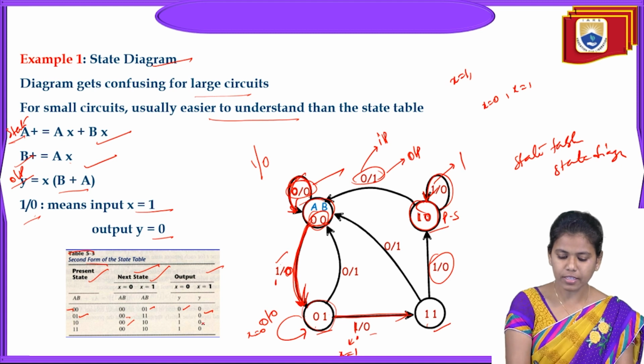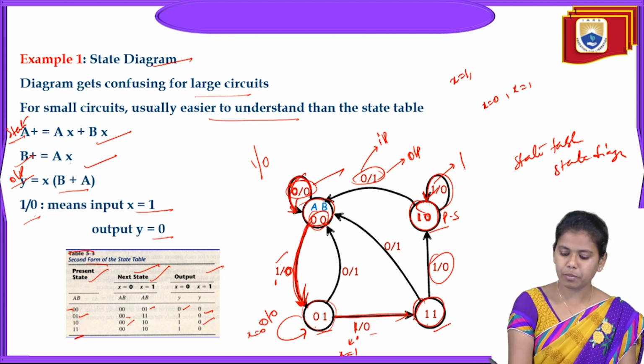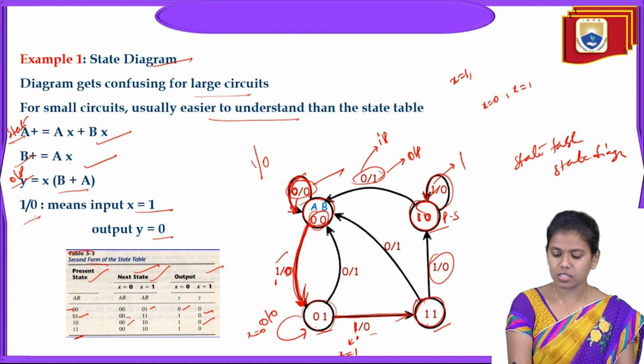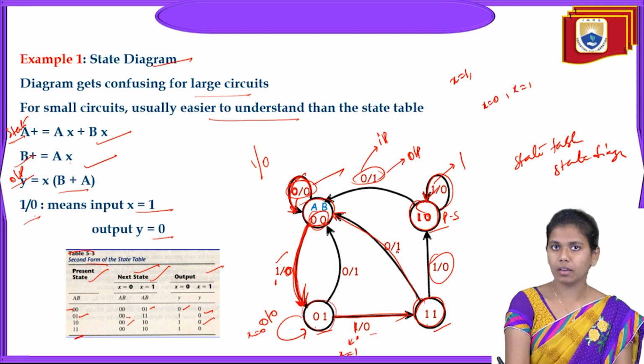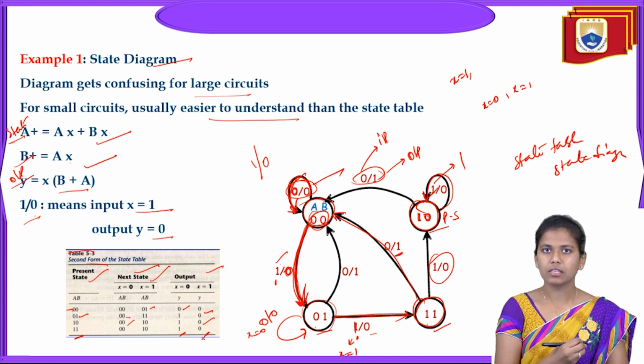And then it is 0. So the last case, if you observe 1, 1, this is my present state. And if the transition is taking place to 0, 0, then my output will become 1 when X is equal to 0. See, X is equal to 0 as 1. Whereas for X is equal to 1, my output will become obviously 0.